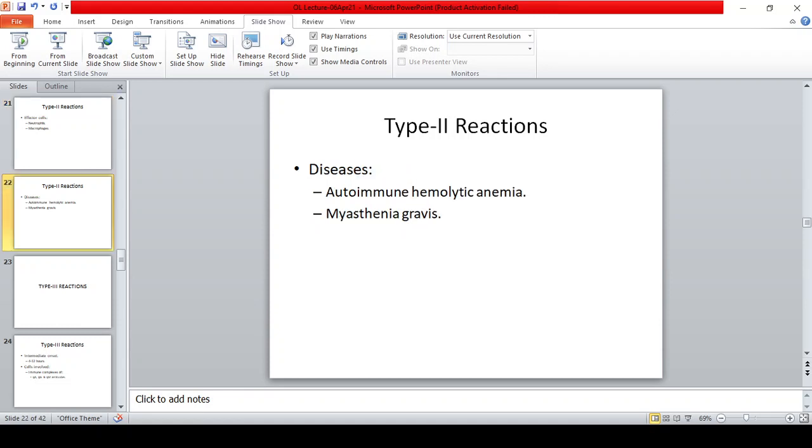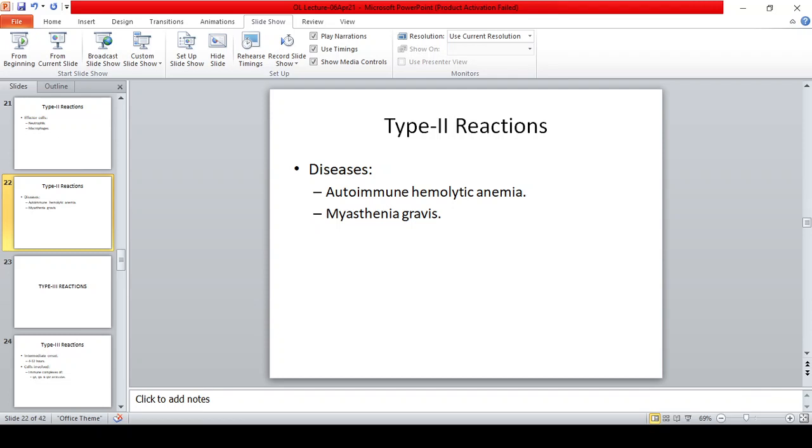Basically, these type 2 reactions are present in diseases like autoimmune hemolytic anemias or thrombocytopenia, or maybe myasthenia gravis or Graves' disease.